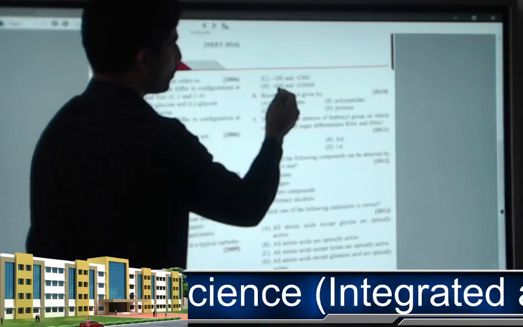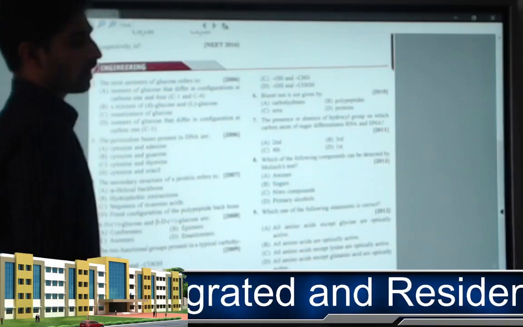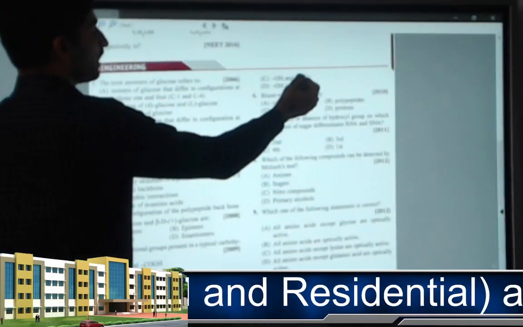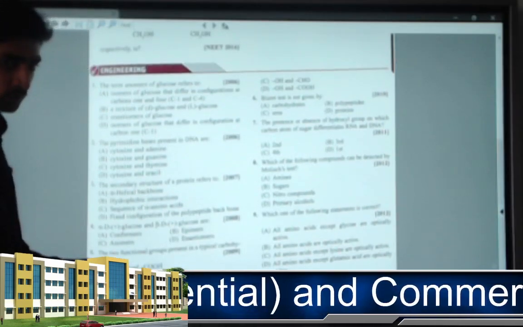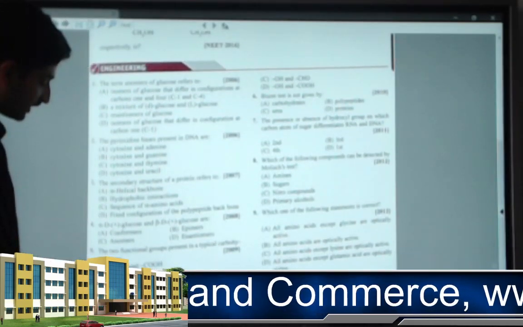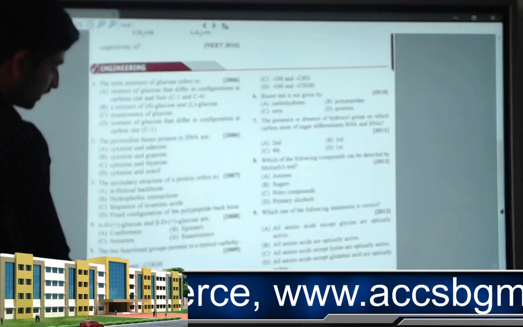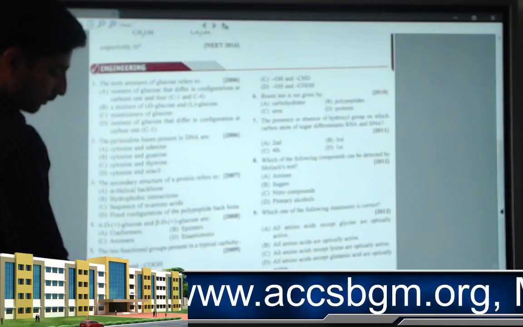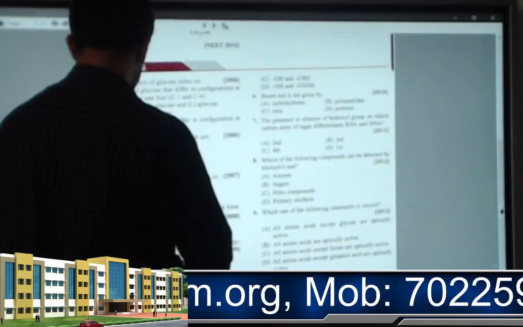We would have marked this as the answer, option C. But whatever CHO group was there, it is going to convert into what? Carbonyl group, no? So that's why. So the answer for the fifth question: the two functional groups present in typical carbohydrates are the C double bond O carbonyl group and another one is the alcoholic group, OH. Next.